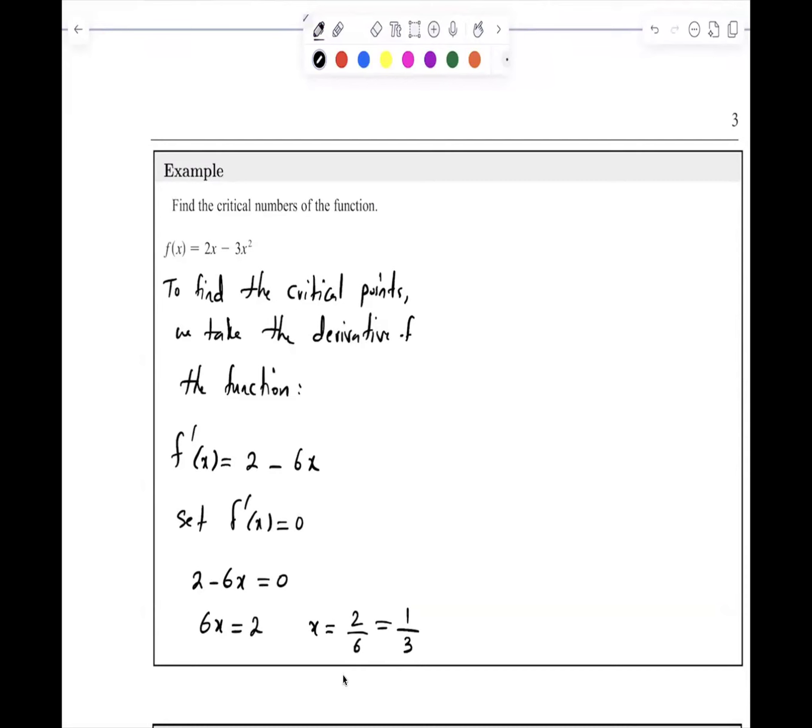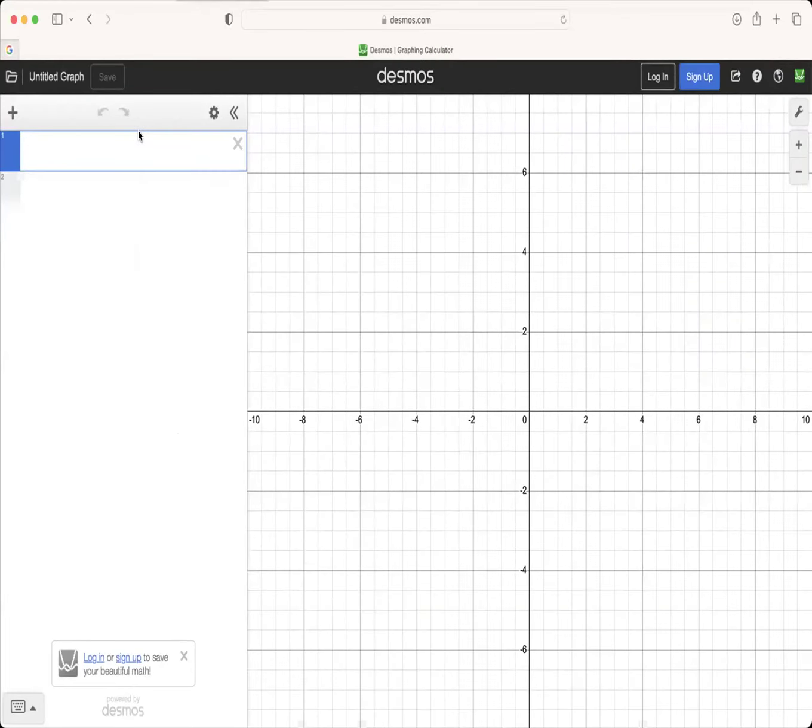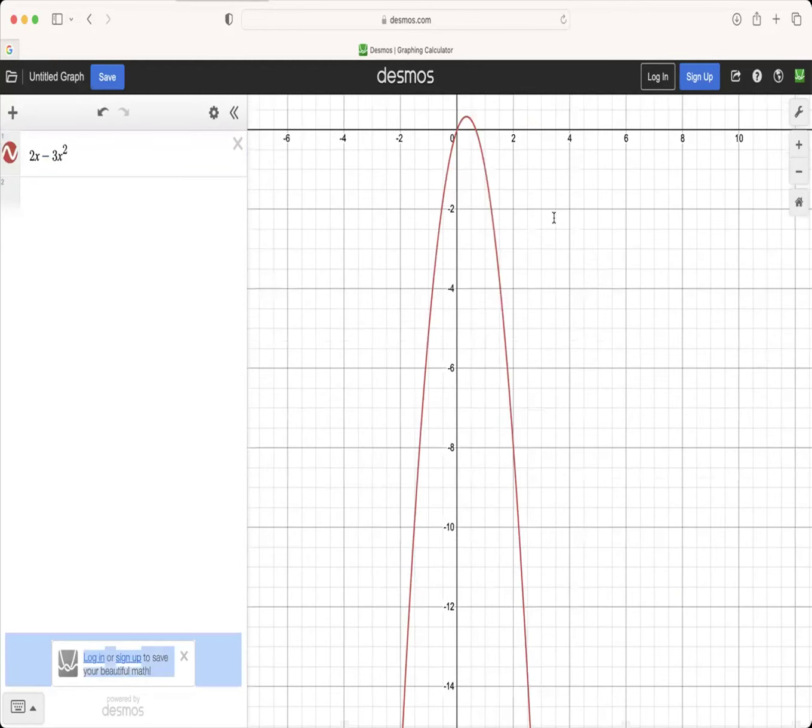Let's take a look at our Desmos. We are interested in seeing how we can visualize this function. Let me share the screen with you guys. So here we have 2x minus 3x squared. This is your function.